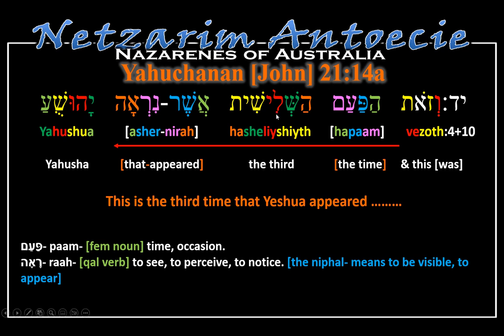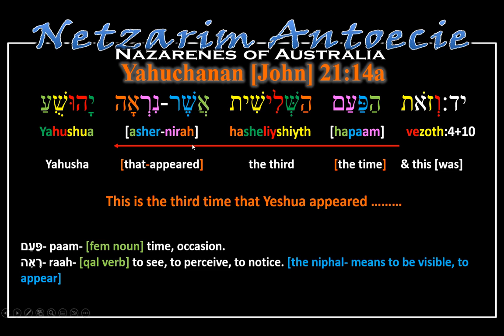Ha-shlishit. And that means the third. With that ending, it means the third. Asher, that, nir'ah, appeared. It's a nifal. Did appear, you could say, or appeared. Now, of course, we look in here, we see the ra'ah in there, which means to see, right?